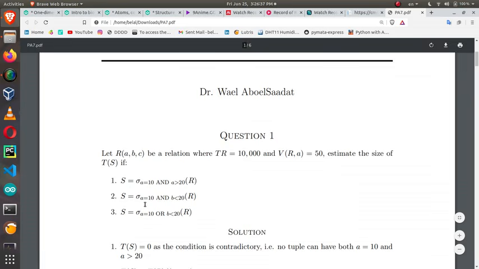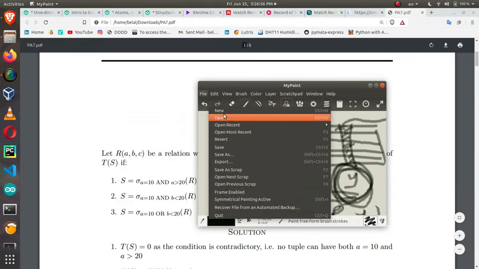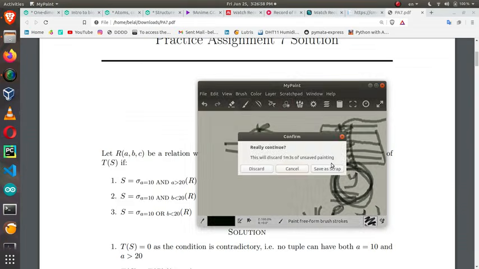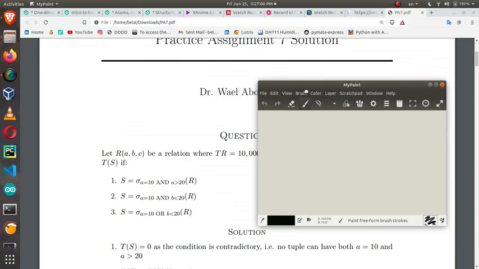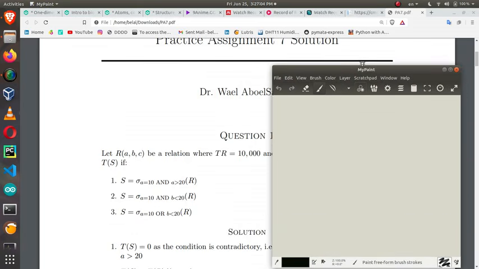The second one, A equal 10 and B less than 20. Let's compute the number of tuples that satisfy the first subcondition, A equal 10. Okay, so minimize it, bring me the scratch pad. Let's solve this problem here.